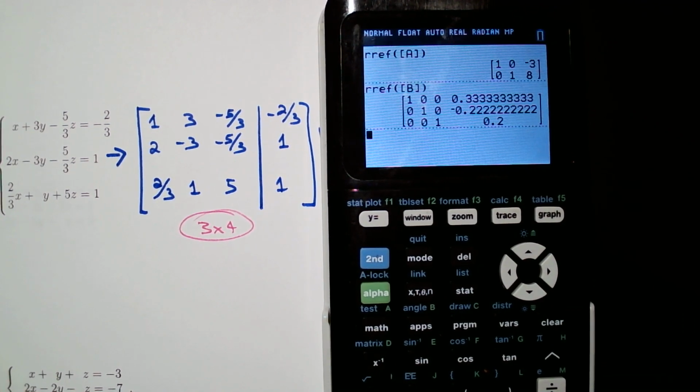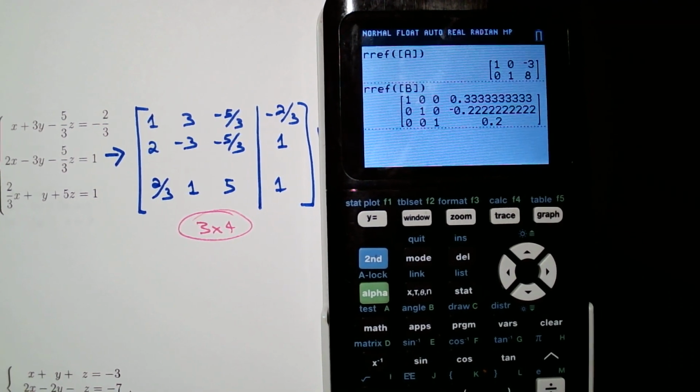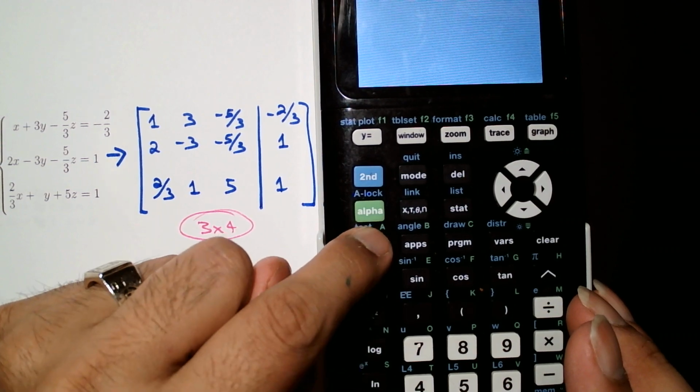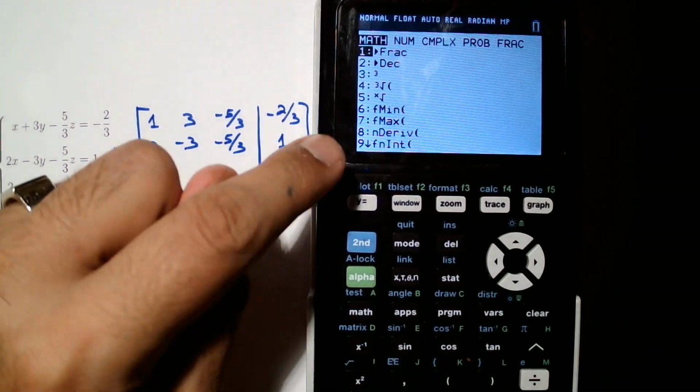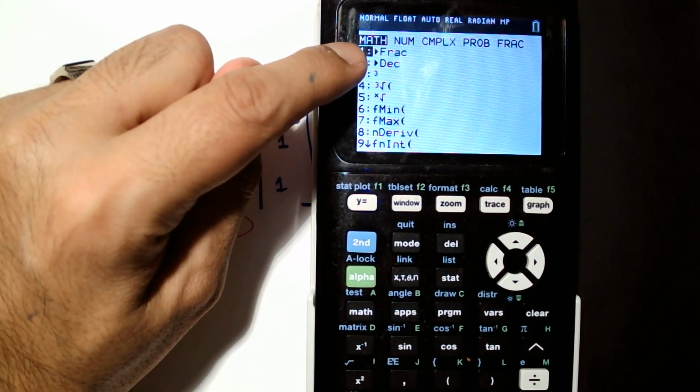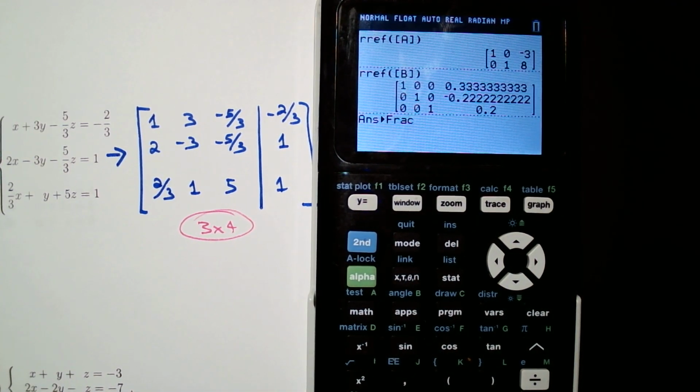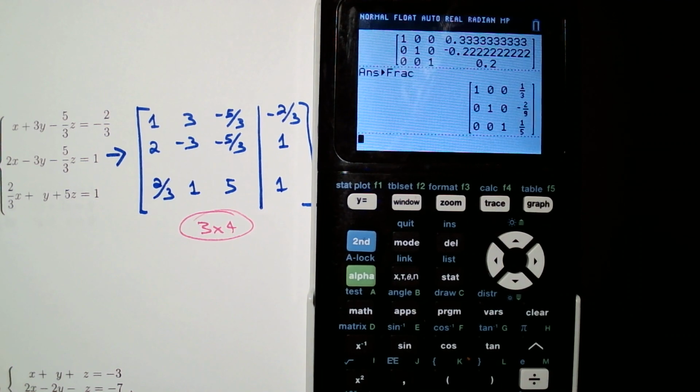And look at this, you're going to get that as decimals, but when you are doing this, especially when you are doing the homework, it's not going to accept decimals. So in order to fix this, you are going to click math, and then the first function that is highlighted is the frac command. Click on it, answer frac, and click enter again.